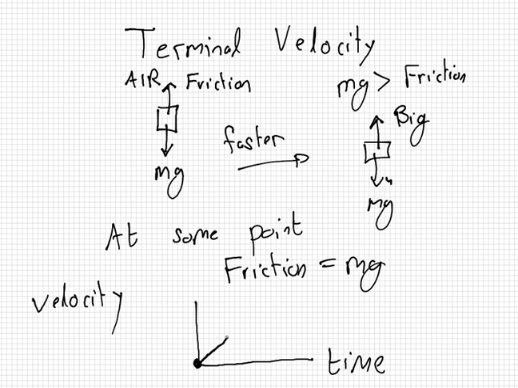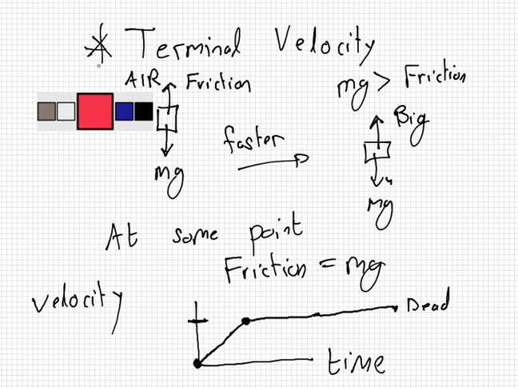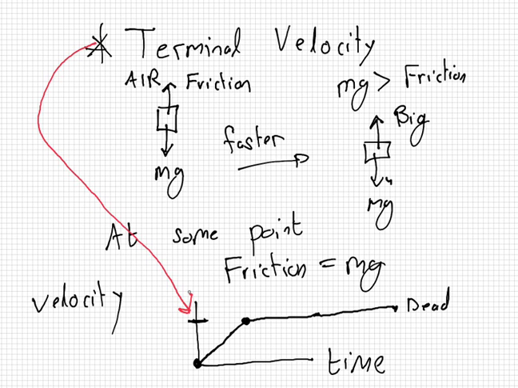But they don't keep getting faster. At some point, they stop accelerating and they go at a constant speed until they hit the ground. This speed here is called terminal velocity. It's really the maximum speed, and the reason for it is that the friction equals the weight.